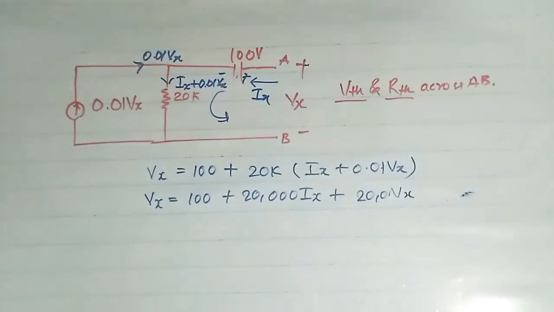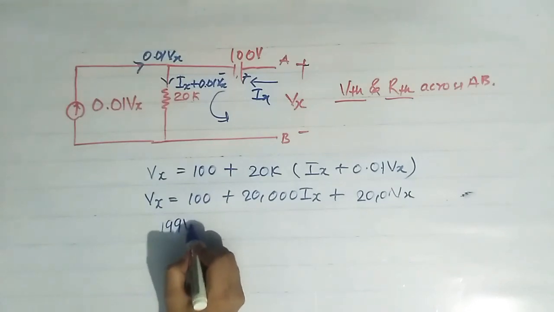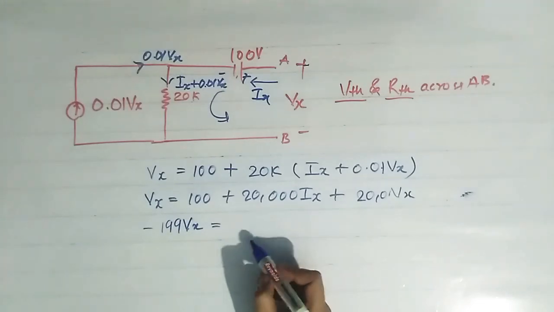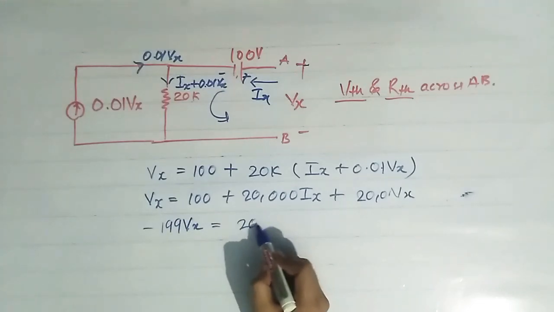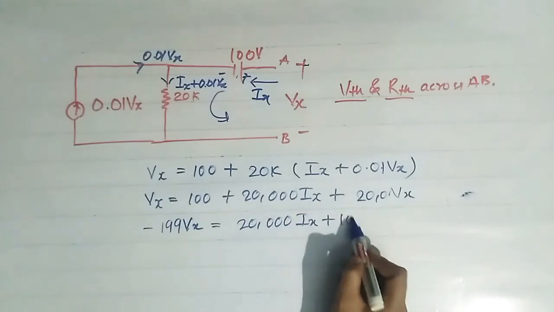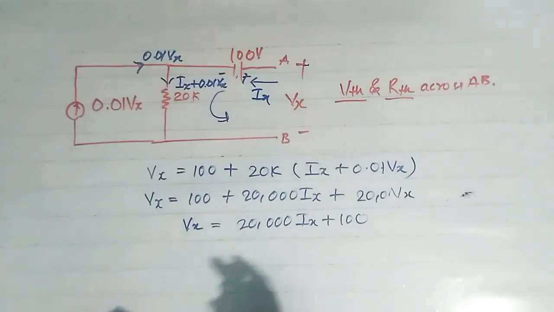Now take Vx this side, so we get 199 Vx minus 199 Vx, that is equal to 20,000 Ix plus 100. Now take this minus 199 here.